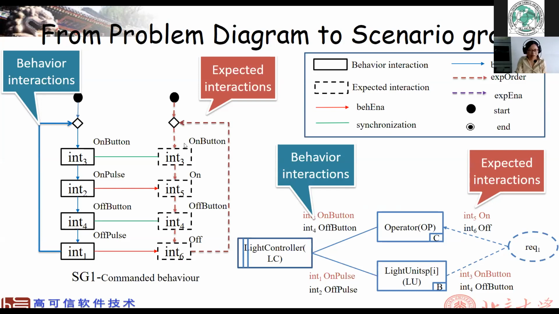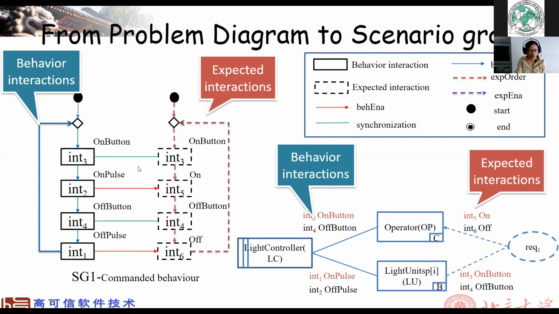So in order to express how a scenario realizes a requirement, we also have the expected interaction flow. And moreover, we have relations between these two kinds of interactions, which means the behavior interaction will enable these expected interactions and make the requirements happen.